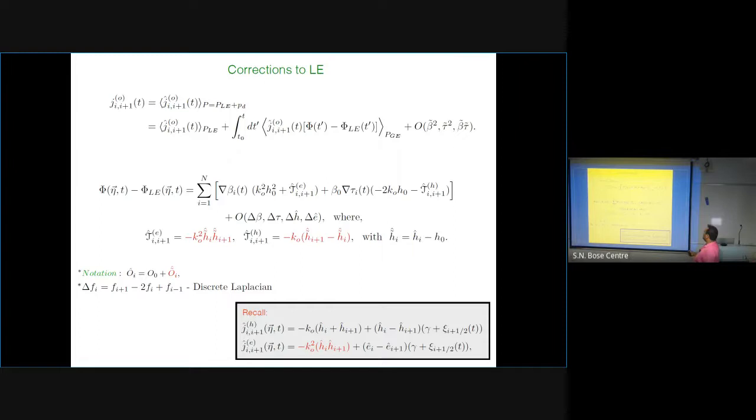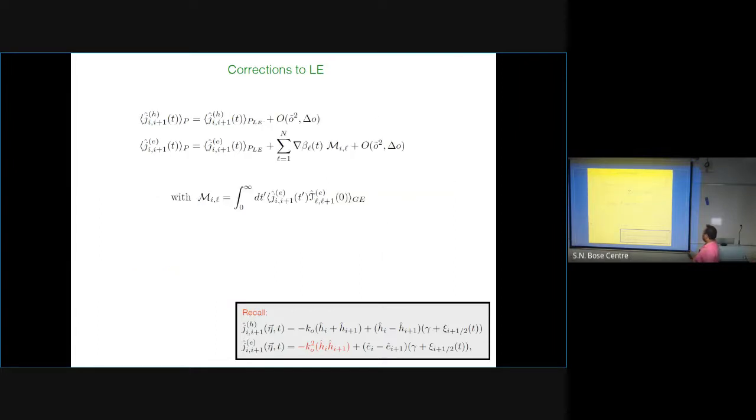This does not give you any contribution for each field, but this gives you a contribution for the energy field. You get a contribution, which is some correlation. But here you don't get any contribution. Those are either in higher order or in Laplacian order. If it is already in the Laplacian order, then if I take another derivative, because when you put it in the continuity equation you get another derivative, that will not contribute to the leading order of the current. So I'll just neglect all those terms.